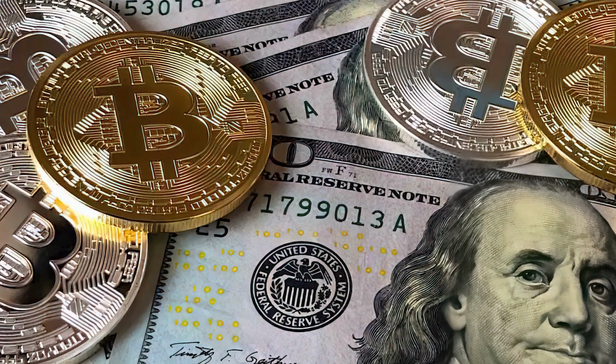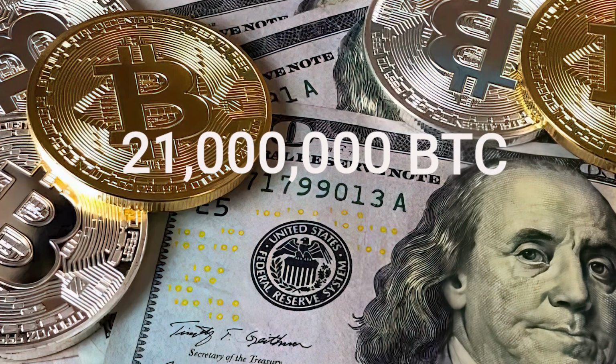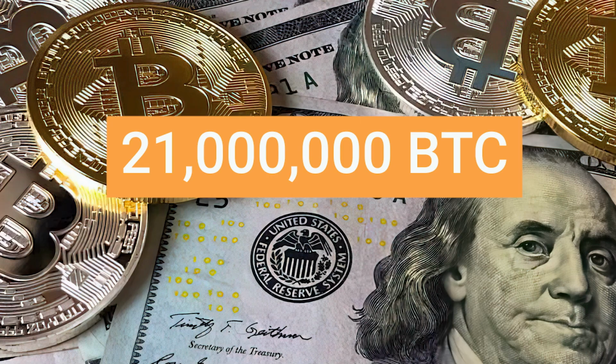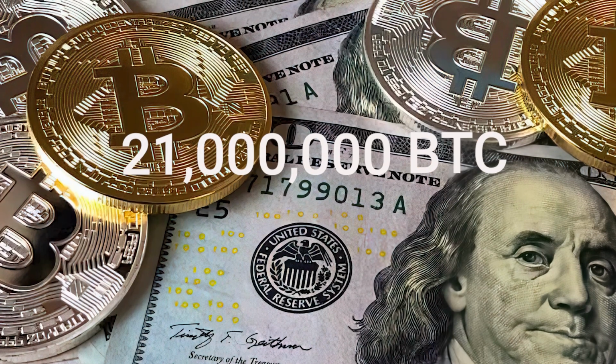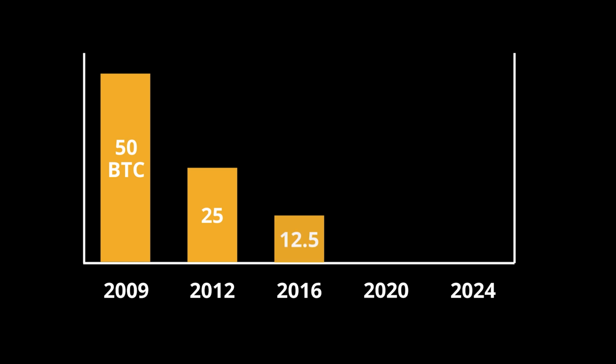One of the fundamentals was that there was only ever going to be 21 million coins. There was a set number of Bitcoin that was ever going to exist from day one. So back when Bitcoin started, it used to be 50 Bitcoin as a reward for every block of information, every 10-minute equation solved. 4 years later, that went to 25. 4 years later, 12.5.